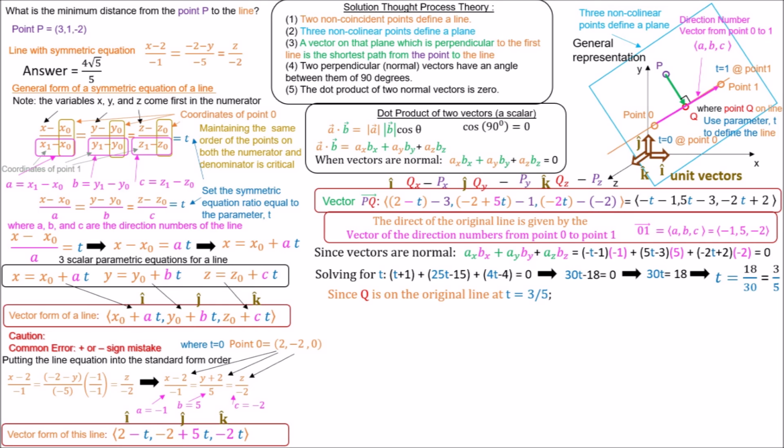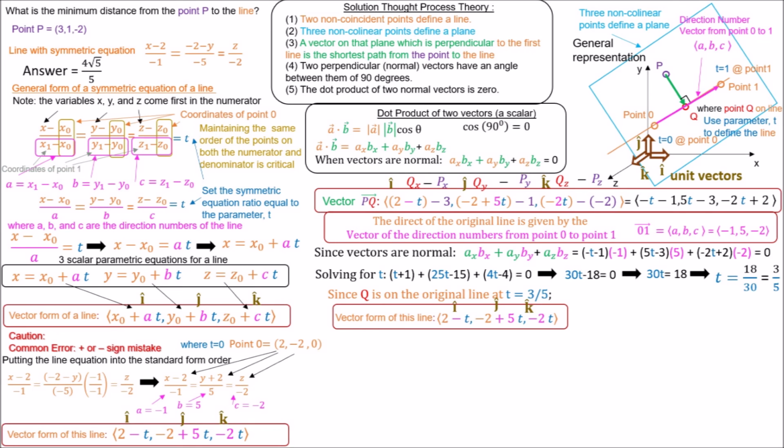Finding now the coordinates of this special point Q, we know that point Q lies along the orange line, and all points that lie along the orange line follow the vector form of the line, but they're at a particular t. At this point, we know now t, the parameter t for point Q, the special point, which is the case where the vector PQ is perpendicular to the line, is at t equals 3/5.